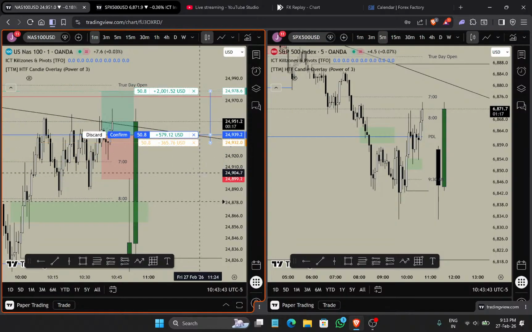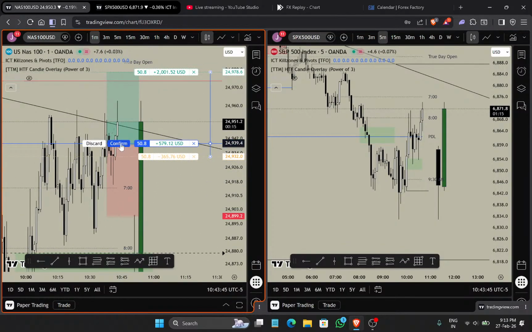Going given below this order block. No, this is question.